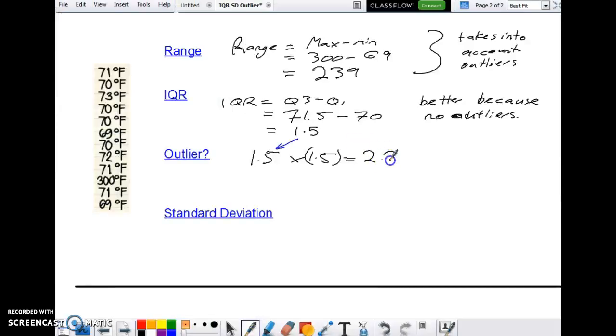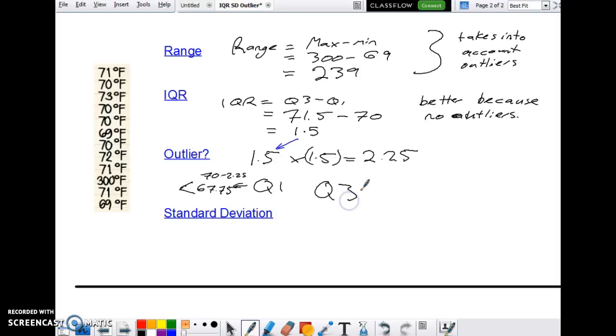So, anything that is over 2.25 away from Q3 or from Q1 on the bottom side is an outlier. What was Q1? 70. Anything that is 70 take 2.25, which is going to be 67.75. Anything below 67.75 would be considered an outlier.